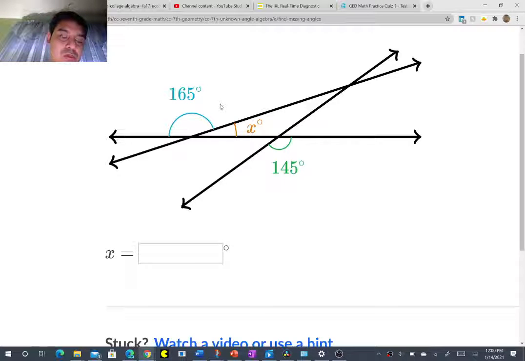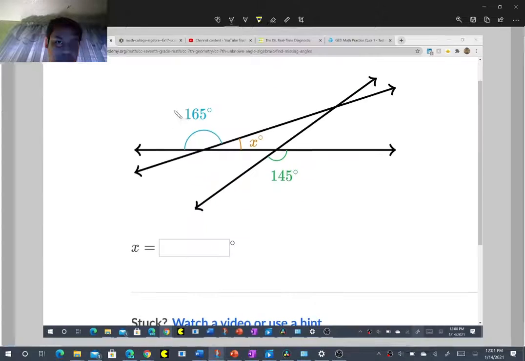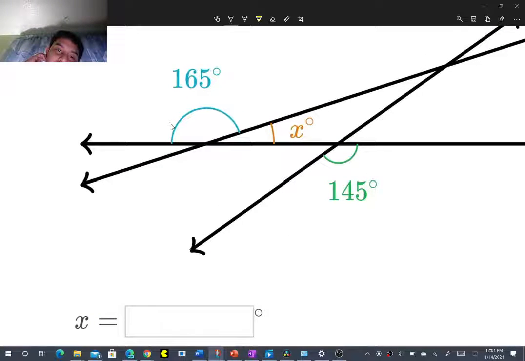Okay, so we want to know what this angle is. So again, if I do a full screen snap, if we look at this angle here, this is 165 degrees.